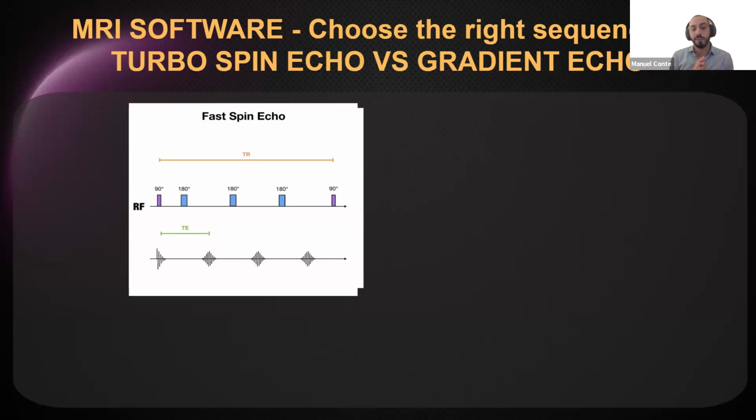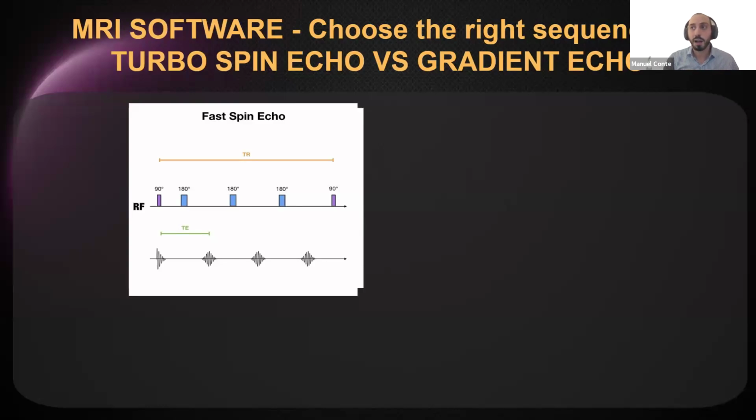Increasing the turbo factor, normally the sequence is faster, but the TR increases, because we need to place more 180 refocusing pulses between the 90 RF pulses. And the images become more blurred.